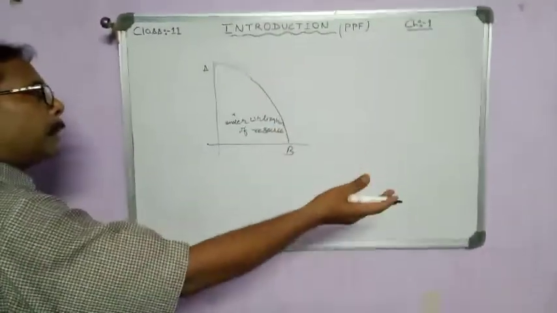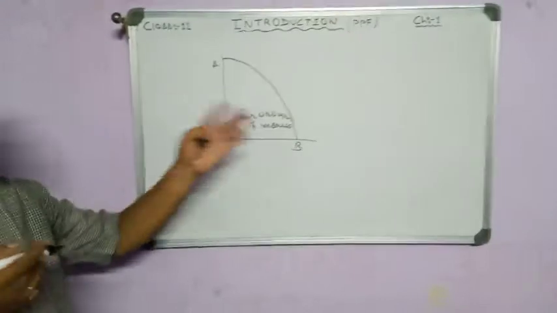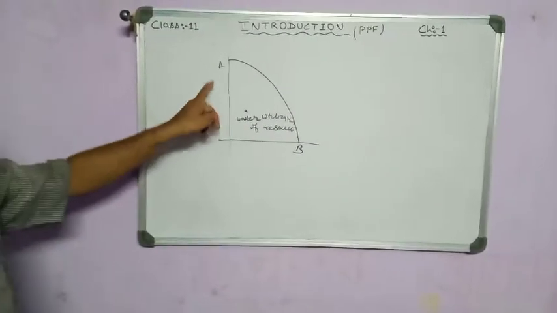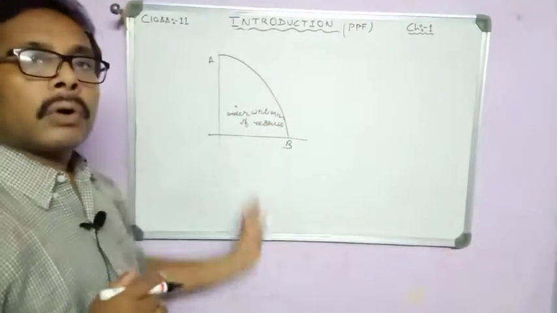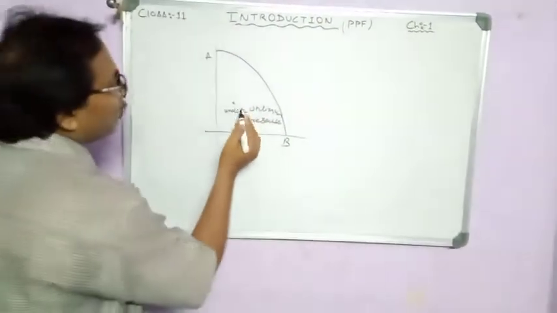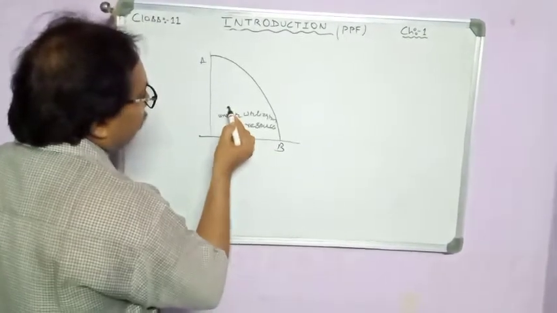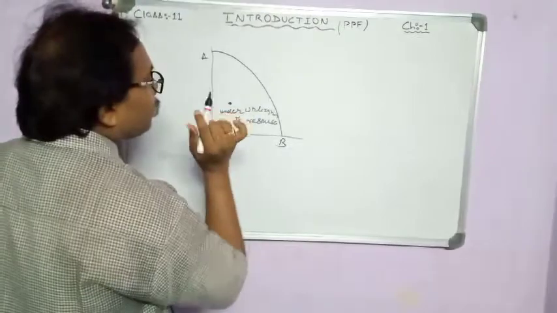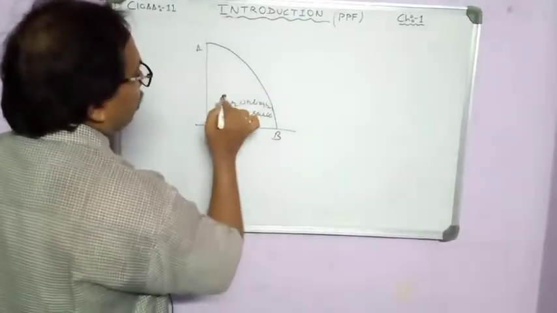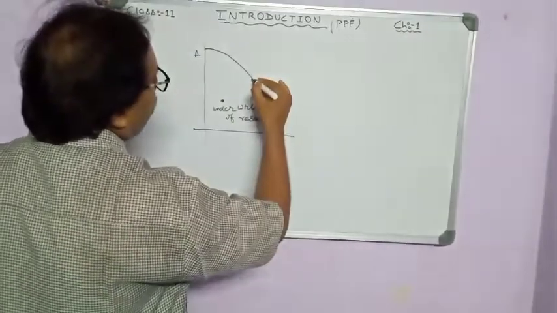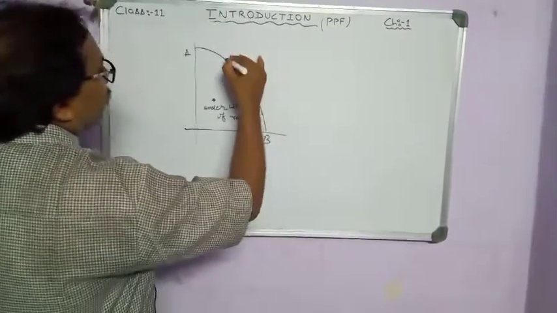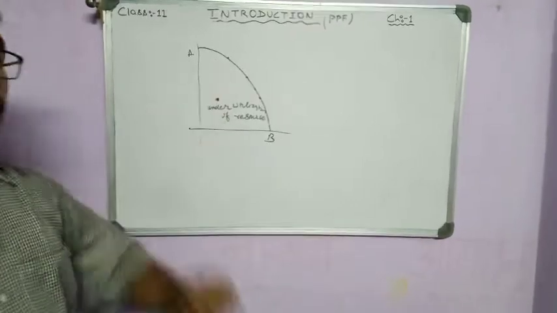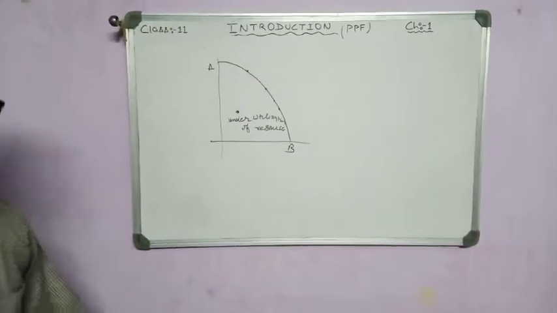Either the PPC will move rightwards or leftwards. But in this situation, the PPC will shift neither rightwards nor leftwards, because if technological change has taken place, it means the resources which were underutilized will come onto that point, which indicates that nowadays we are capable of utilizing the resources in a better way.